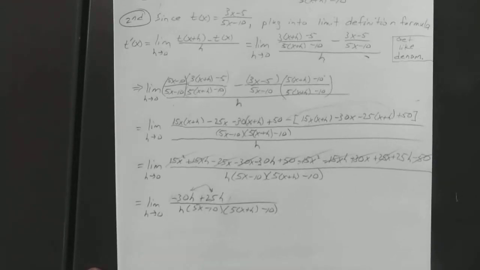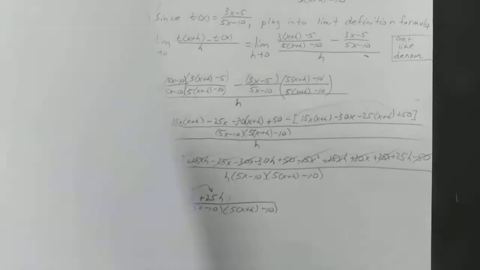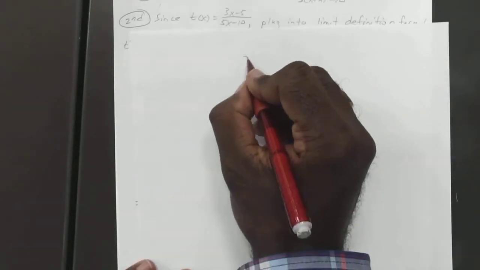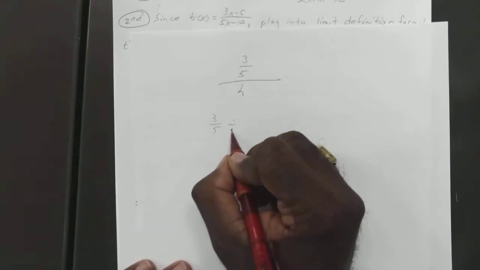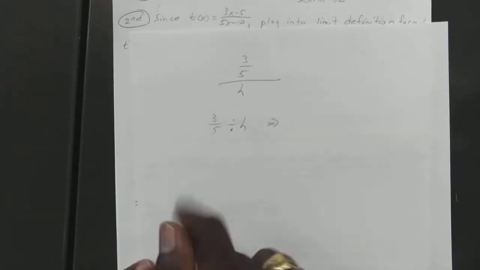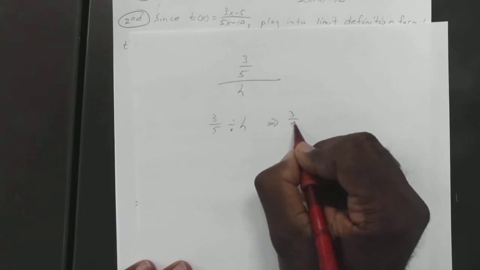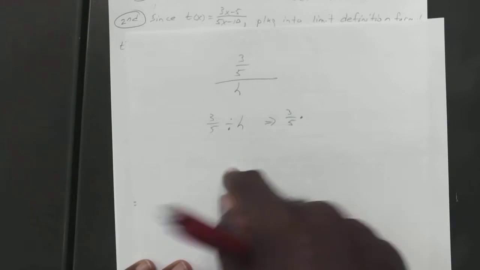Why did you combine that h with the numerator there? Oh, just to make it neater. It would be just like saying, if you have 3 over 5 divided by h, if you divide your fractions, you write down the first one, turn division to multiplication, then you flip the second one, so h over 1 becomes 1 over h.